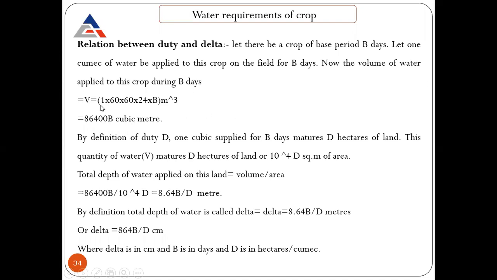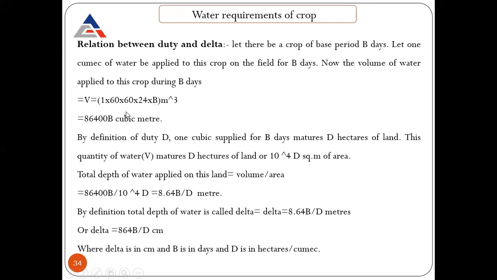How can we calculate it? Just see, 1 into 60 into 60. We need to calculate the volume, so meter cube per second, we convert into the days we require, into cubic meter. 1 into 60, 60: first seconds to minutes, minutes to hours, hours to days. 60 converted to minutes, converted to hours, 60 converted to days, 24 into B days.